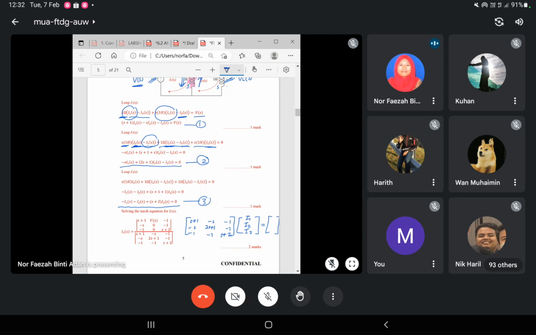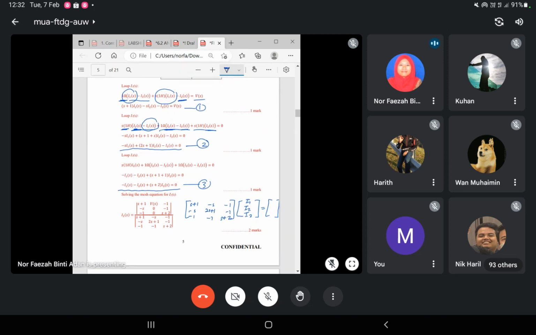Okay, so this is your matrix. Okay, saya lupa pula nak letak equation last dia. For the first loop, it is equals to Vs. So bila you dah tulis the first row tu, ujung dia adalah equals to Vs lah. The other two is equals to 0. So dia jadi matrix form ni jadi equals to Vs, 0, 0.